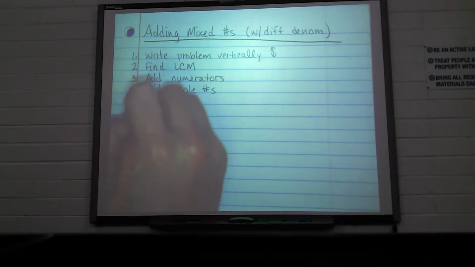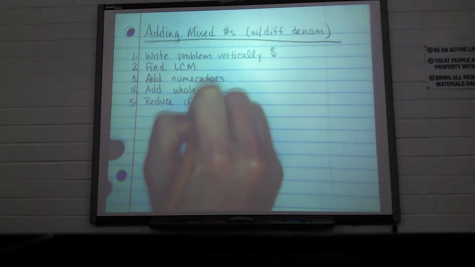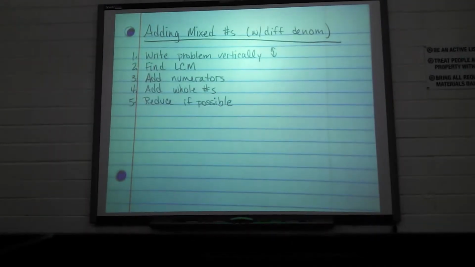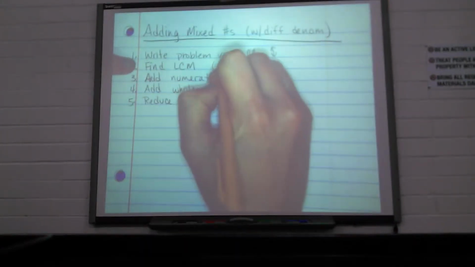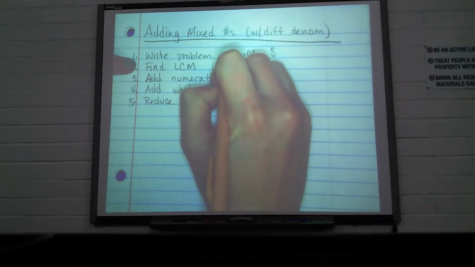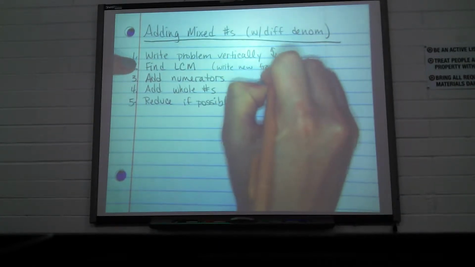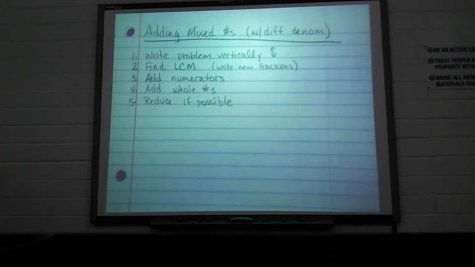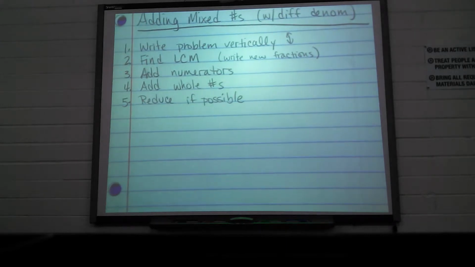And the last step, reduce if possible. I'm actually going to go back and add something to our step 2, where it says find LCM. We can add to that, write new fractions after that. Hopefully that's easy for you to read there. Write new fractions.